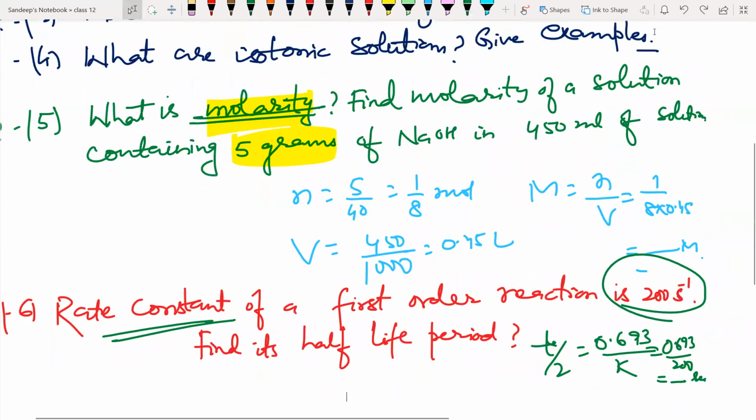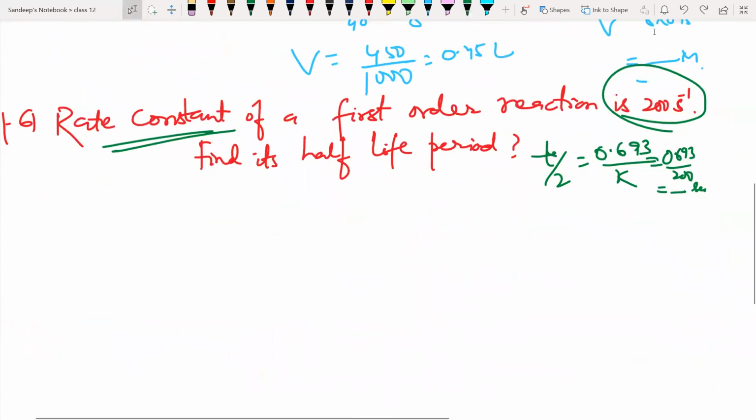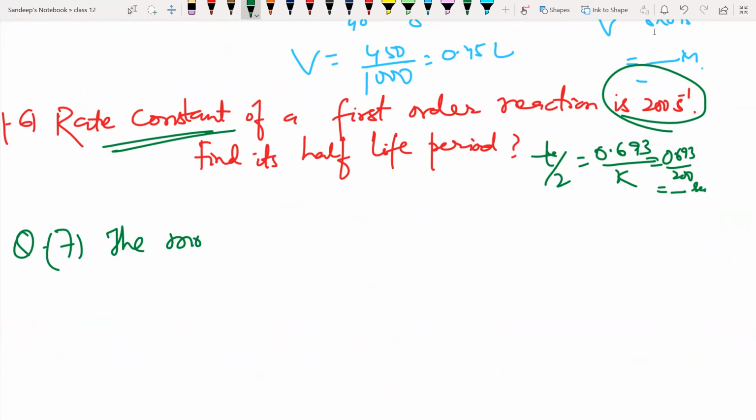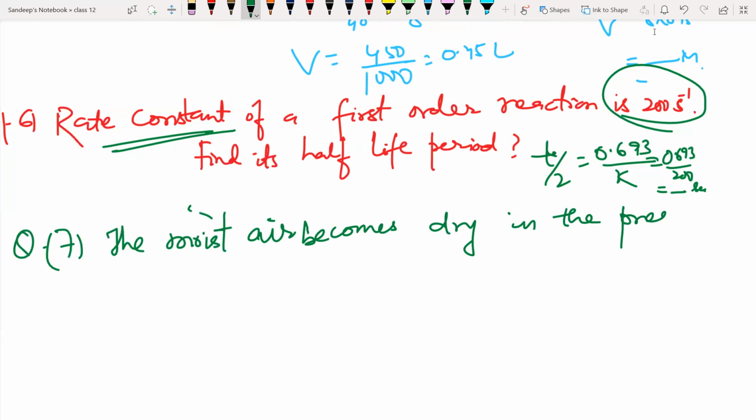Now moving to question number 7. The moist air becomes dry in the presence of silica gel.